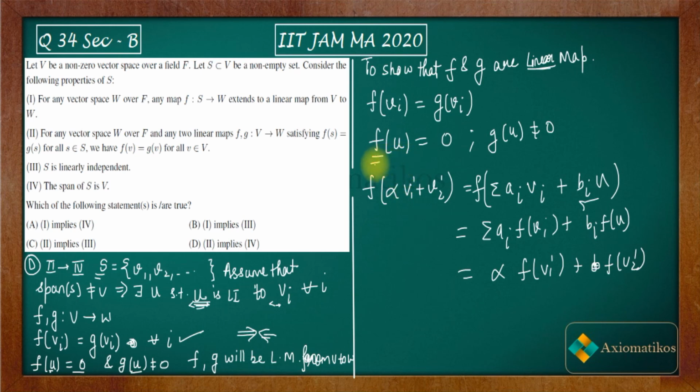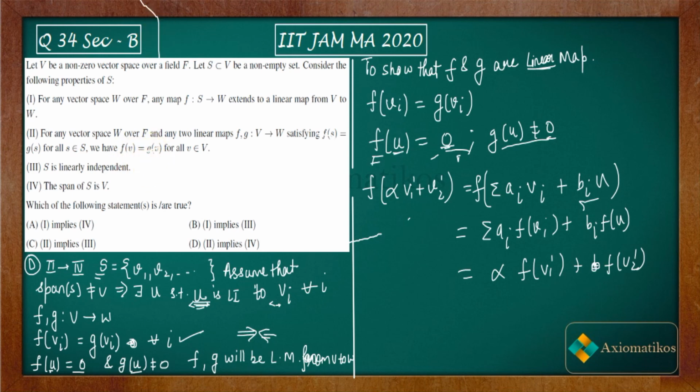So if you define this basis element to some other number than this one, they are still linear maps. But what is the problem? The problem is that it is not satisfying what we have in statement 2, F of v is equal to G of v.